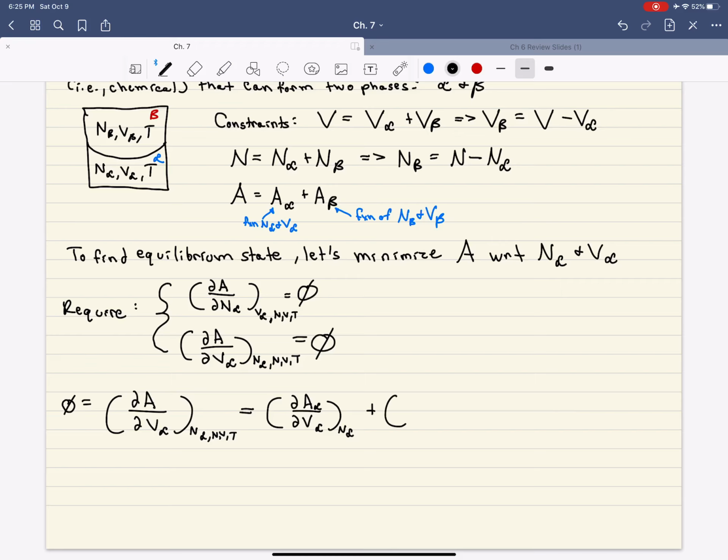And then we're going to take the partial derivative of A beta with respect to V alpha, constant N alpha as well. Okay? Now for the Helmholtz of the beta phase, I'm differentiating it with respect to V alpha, but it makes a little bit more sense to think about A beta, not in terms of V alpha, but more in terms of V beta.